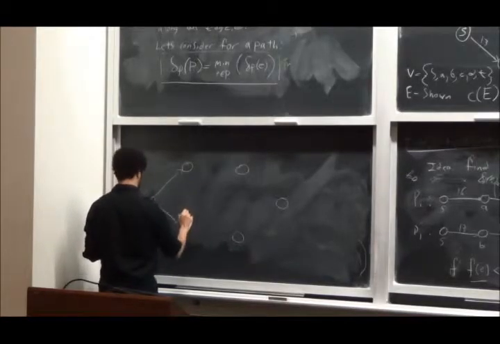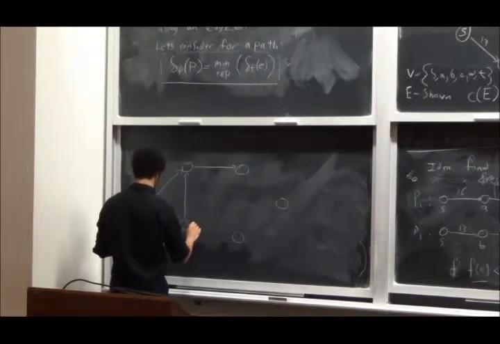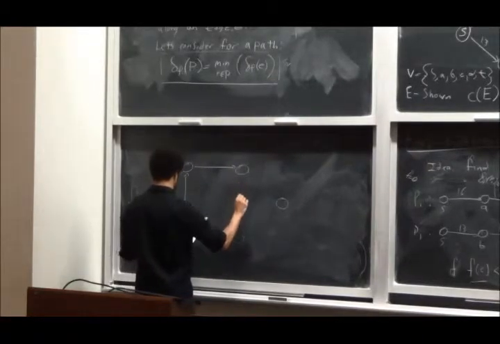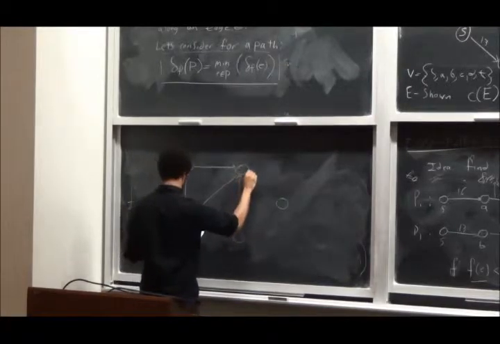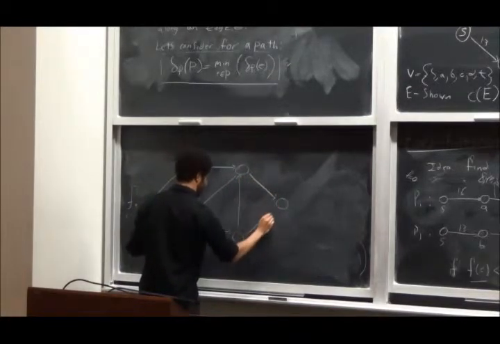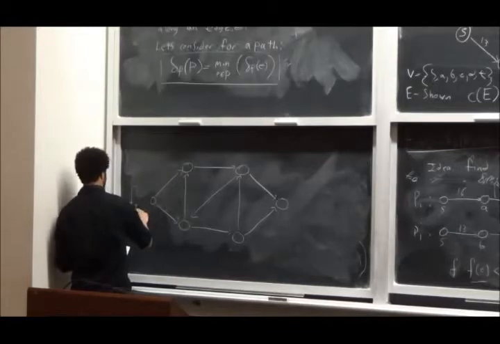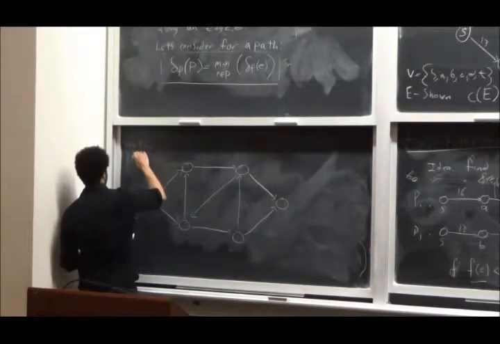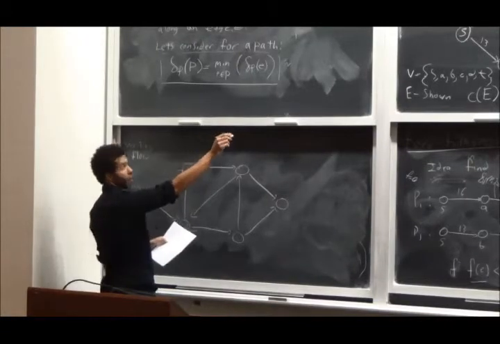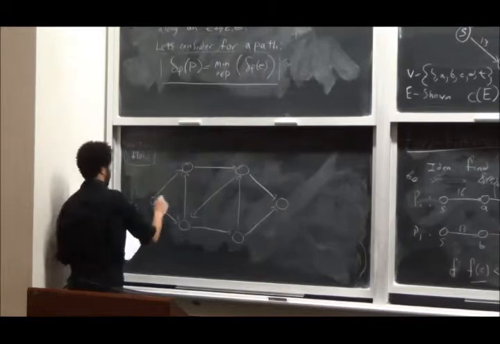Same beast again. This time I'm going to draw everything. In this case, I'm going to write the flow value. Up there I was writing capacities, so it's good to keep track of what we're putting down.